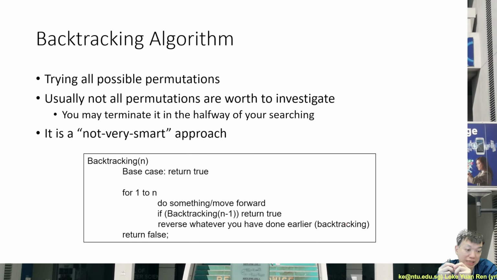You just try to move in that direction first. So at that point, that is the best you can do, but it doesn't mean that is the best solution. But no choice, you don't know. If you don't try, you don't know. Unless you really want to try all the permutations, which is not smart.